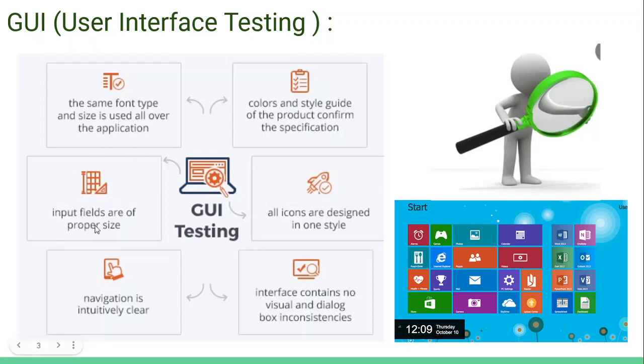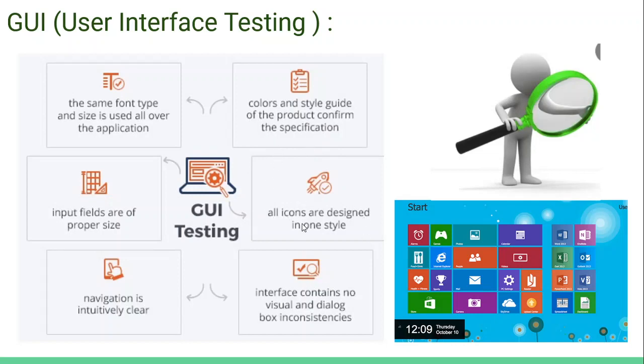Input fields should be of proper size or not, so the size of the input field should be correct. Navigation should be easy, right? So the user can navigate from one page to another page, that navigation should be clear and easy to use. Colors of the various elements in the software, colors and style guide of the product, need to be correct.